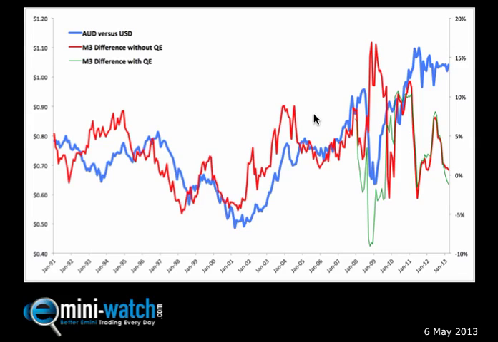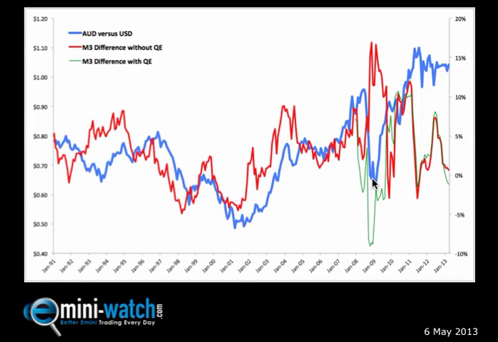Now, obviously in the intervening time we had the global financial crisis where the Aussie dollar got hit. And everybody forgets that, with the subprime problems within the US, everybody's first reaction was that the US dollar would go down because there'd be a capital flight from the US. And in fact, that's not what happened.